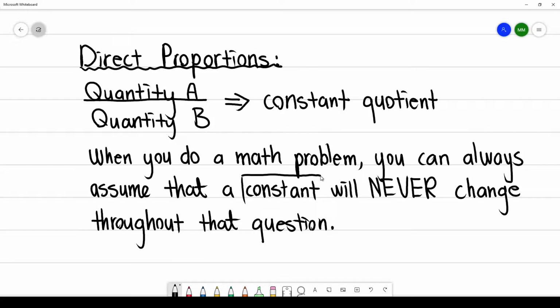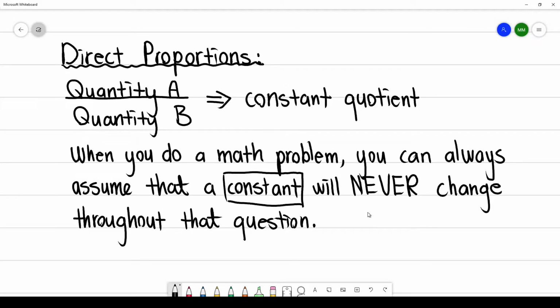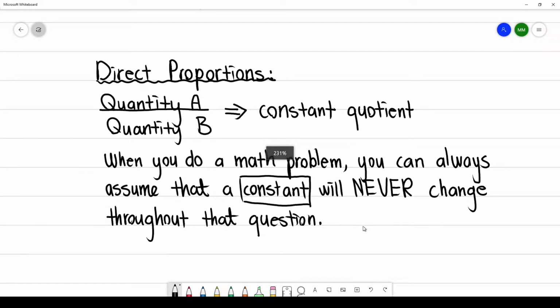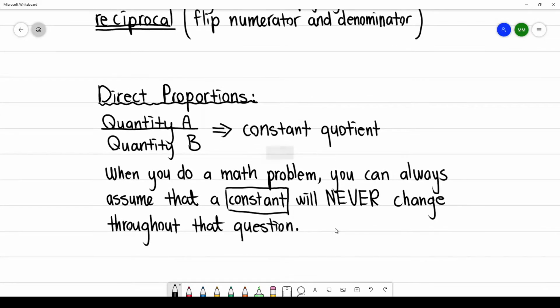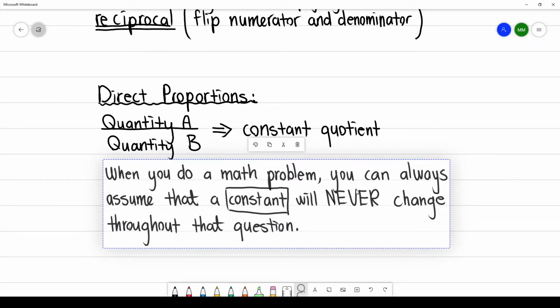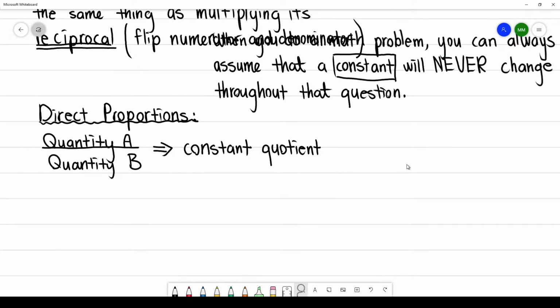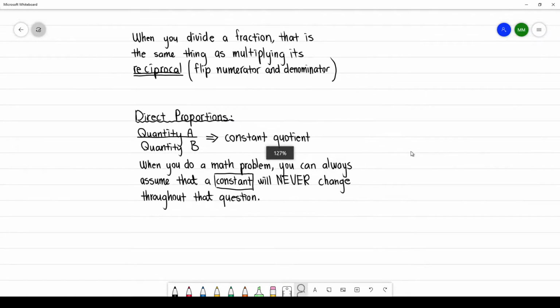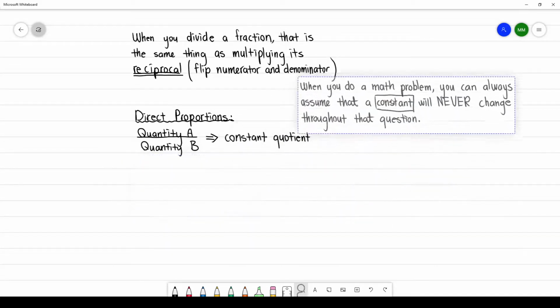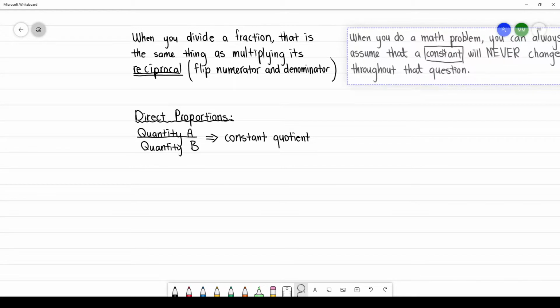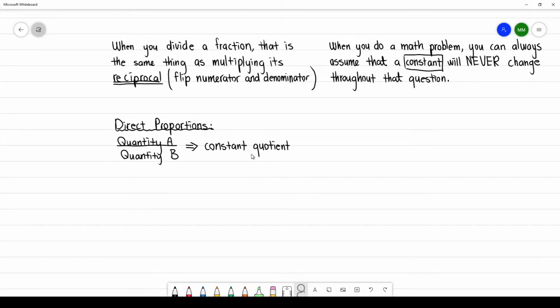Sometimes they will give you a constant like k is equal to 5. Sometimes you might have to find that constant and do things to find it. But you can always assume that a constant will never change in a question, because that is what a constant is. Oh, I'll put this up here because it's not really related to direct proportion. It works everywhere.